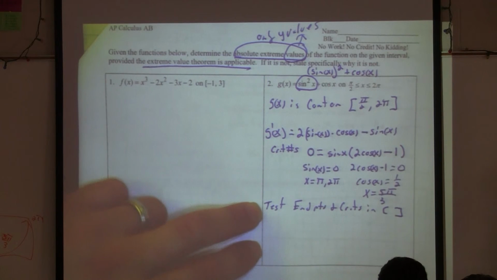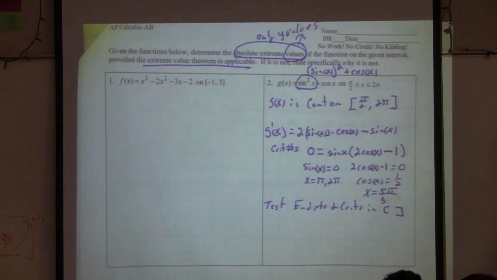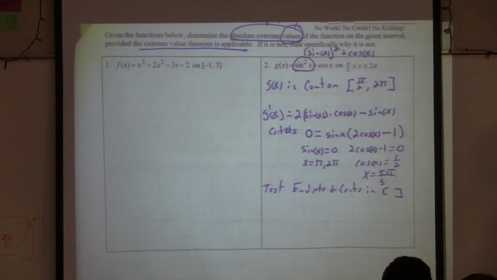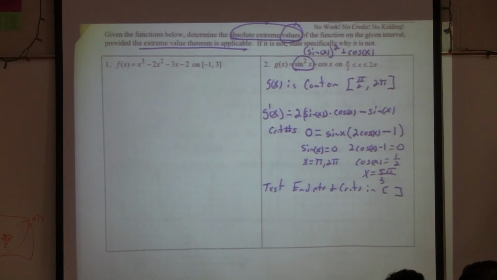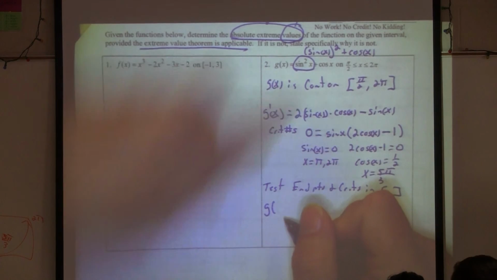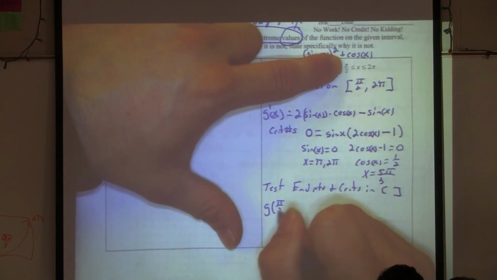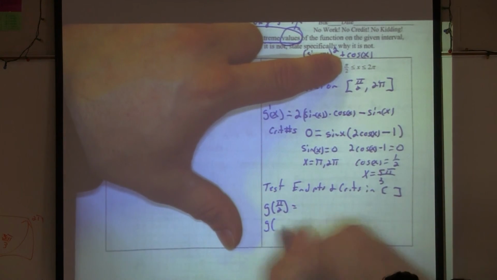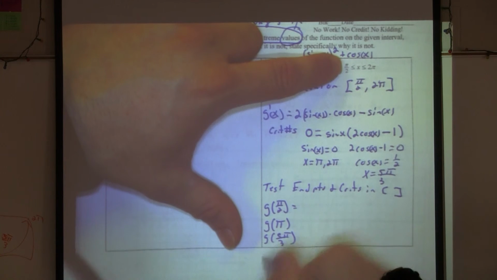Are all those critical numbers in the interval? Yes, we made sure they were when we picked them. Okay, so let's do it. I'm going to start with the first endpoint, g of pi over 2. I also want to find g of pi, g of 5 pi over 3, and g of 2 pi.